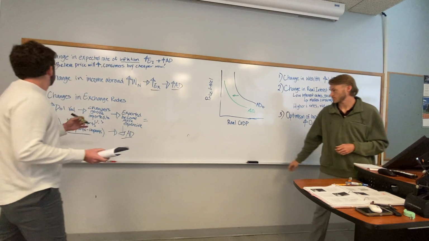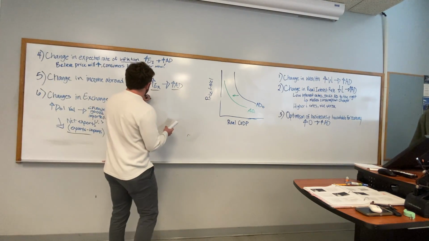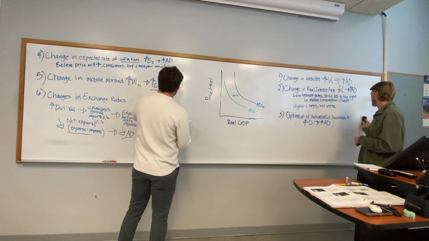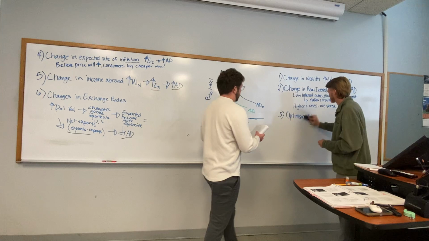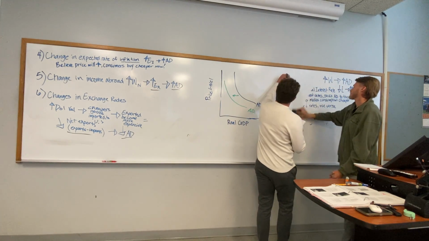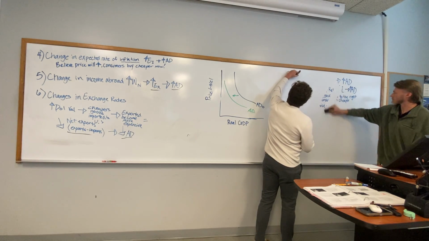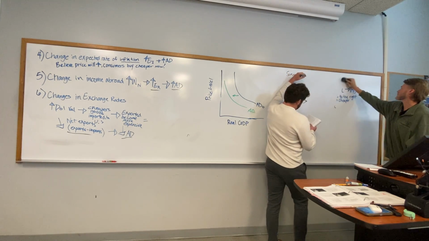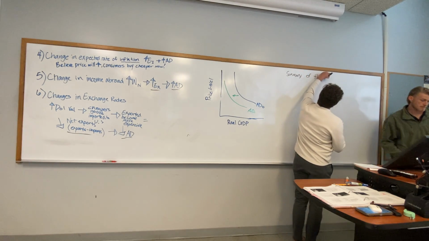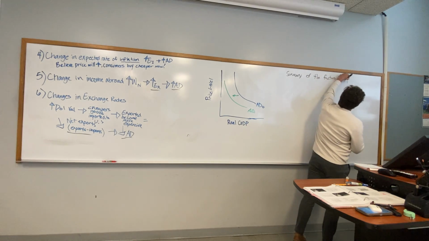And these 6 are all the factors that shift aggregate demand. And I'm just going to do a quick summary for you, which I put at the end of my notes. Of the factors that increase aggregate demand.